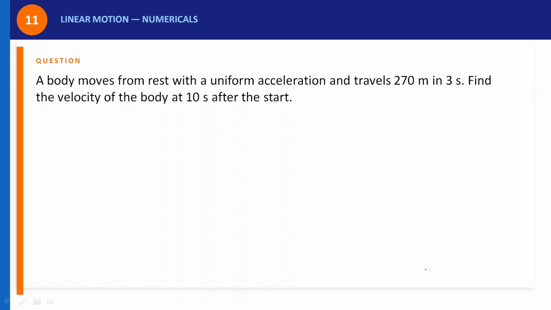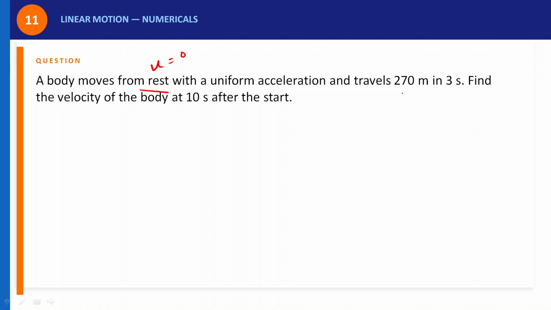Next question. A body moves from rest. Given very clearly here, the body moves from rest, then the initial velocity of the body is 0, with uniform acceleration and travels 270 meters in 3 seconds. Find the velocity of the body at 10 seconds after the start.